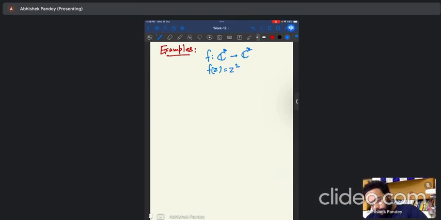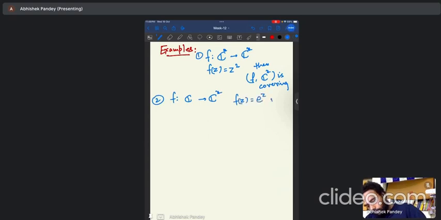Then f is a covering. Also you can take f from C to C star defined by f(z) equal to e to the power z, which is a covering.